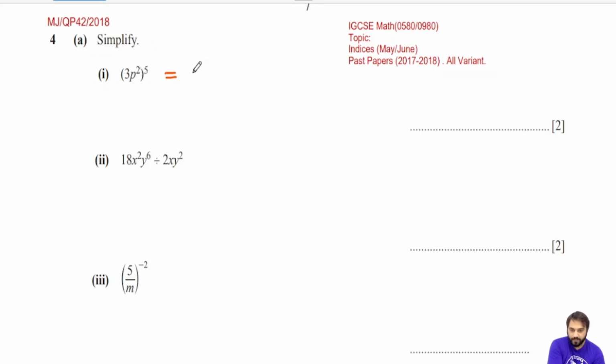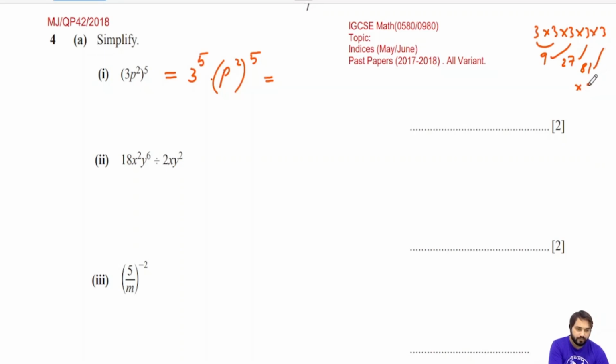Remember, we have power of power and the bracket, so we have to take the power of every term inside the bracket. 3 raised to power 5, and the next step, p square whole power 5. 3 raised to power 5 means 3 into 3 into 3 into 3 into 3. 3 times 3 is 9, 9 times 3 is 27, 27 times 3 is 81, and 81 times 3 is 243.